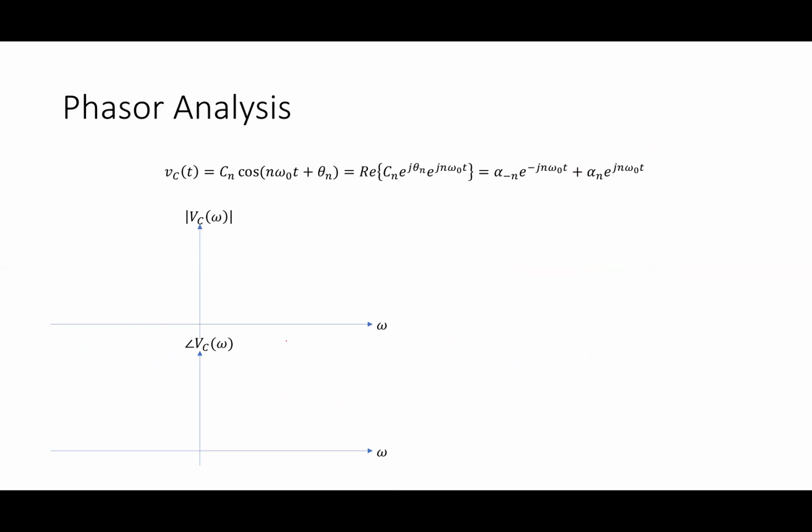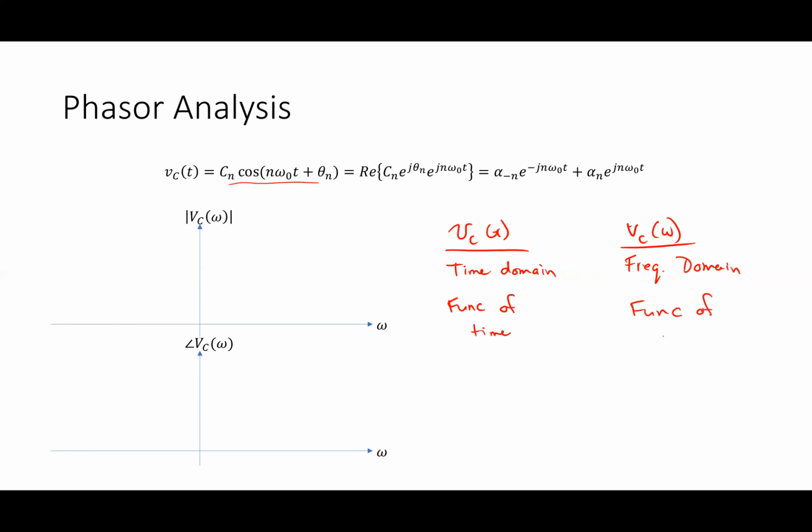Now, phasor analysis is deeply related to the Fourier transform. We've talked about this a number of times in the past, but let's look at this guy right here and express the Fourier transform of V sub c of t. So V sub c of t is what we have in the real world, in the time domain, and that's a function of time. But V sub c of omega is in the frequency domain, so it's a function of frequency.